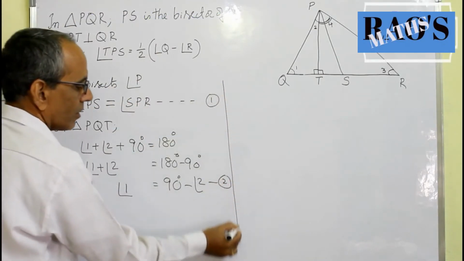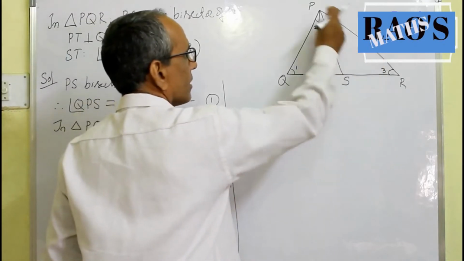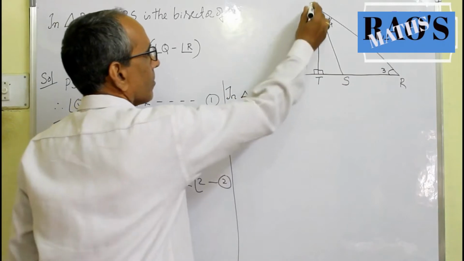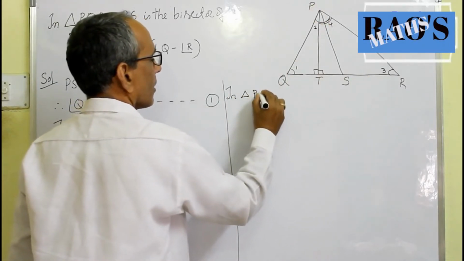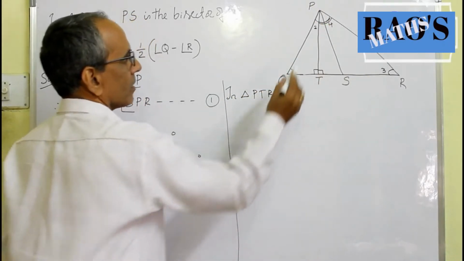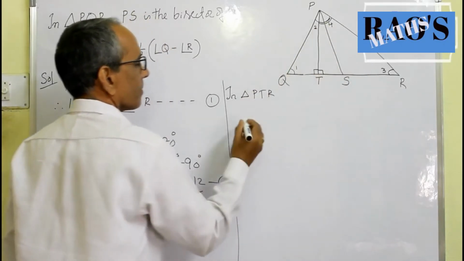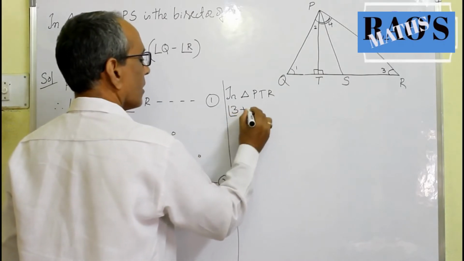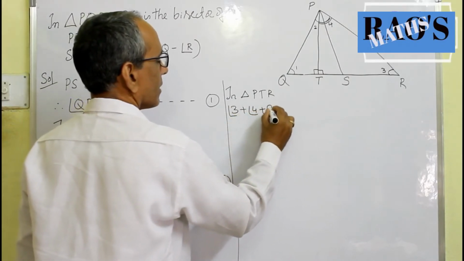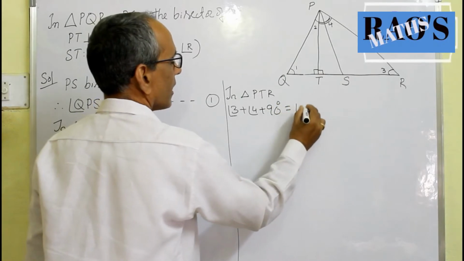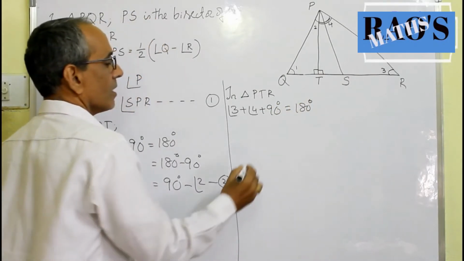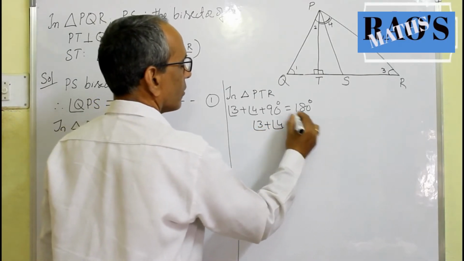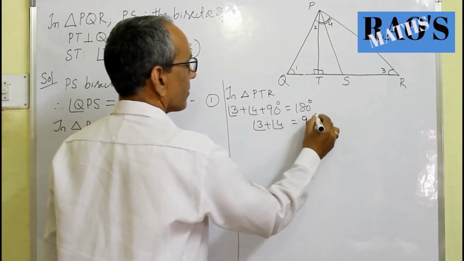Next, I want to make R the subject in the second triangle. In triangle PTR, we have three angles: 3 plus 4 plus 90 degrees is 180 by the angle sum property. So angle 3 plus angle 4 is equal to 180 minus 90, 90 degrees.